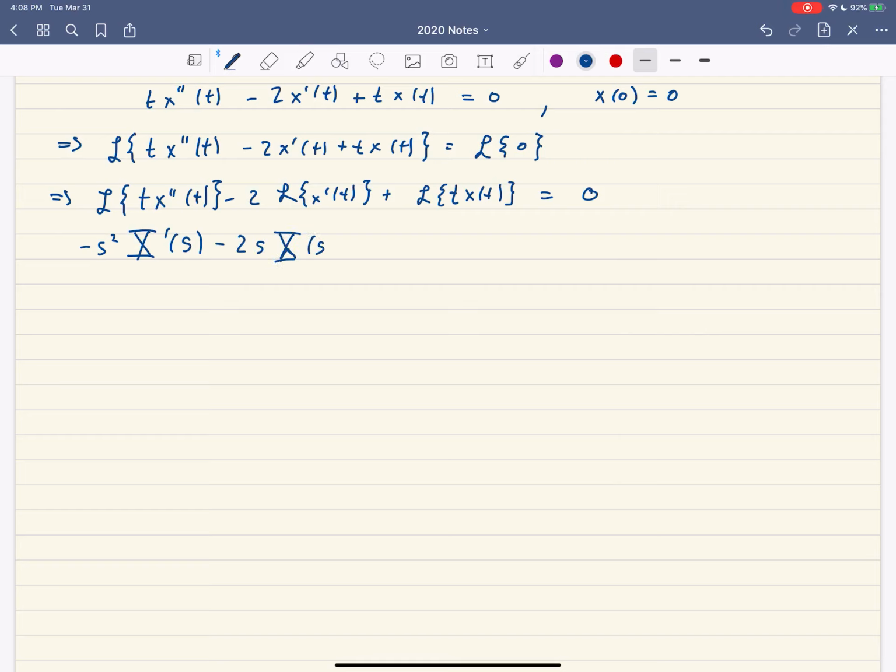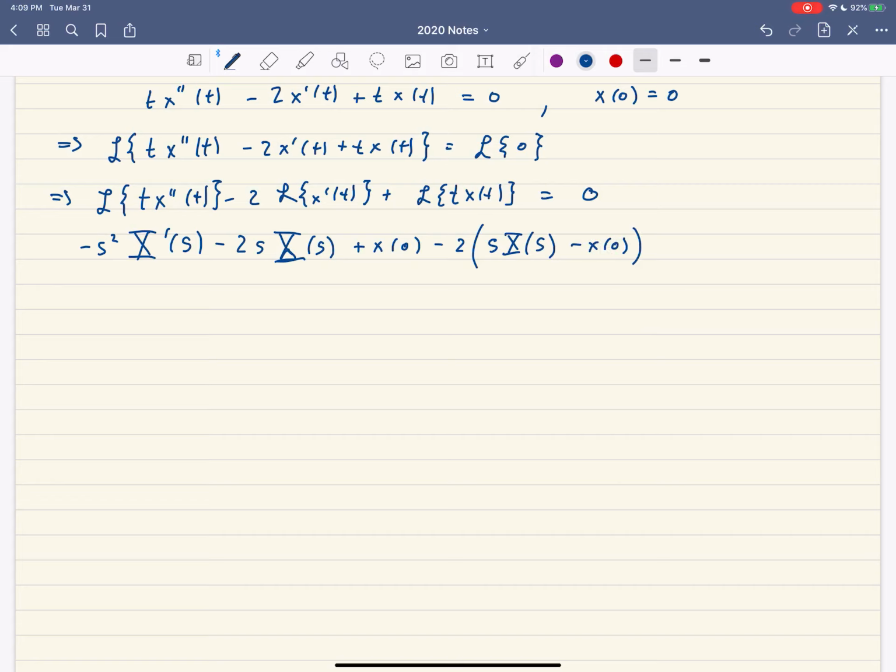I'm going to draw my capital X's with these kind of annoying little lines at the top and bottom, just so that we know that they're capital X's, they're transforms. So we get negative s squared capital X prime minus 2s capital X of s plus little x of 0. And that was just for the Laplace transform of t times x double prime. Next, we're going to subtract twice the Laplace transform of x prime, and that is s capital X minus little x of 0.